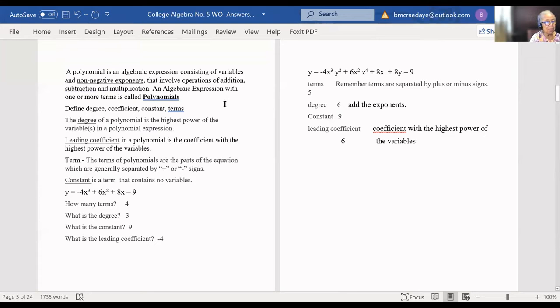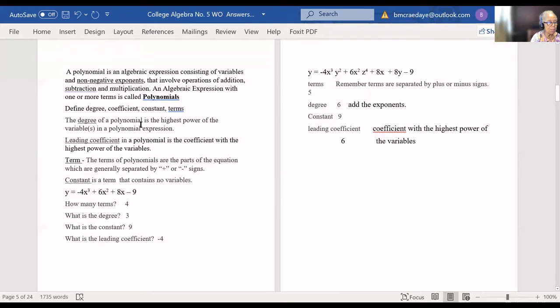Now, there are some things that you should be familiar with to really understand polynomials: degree, coefficient, constant terms, and also leading coefficient. Now we know what the coefficient is. That's the number in front of the variable or variables.